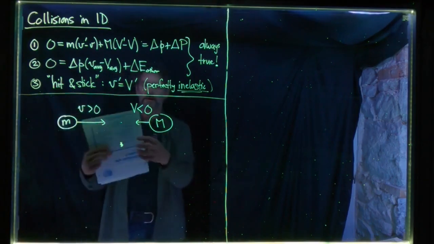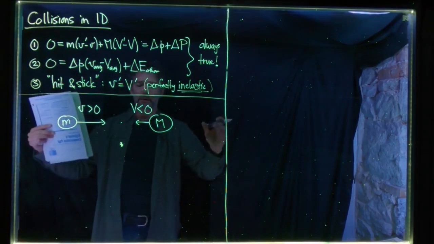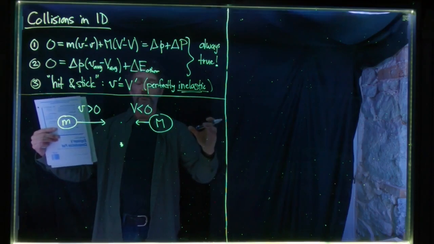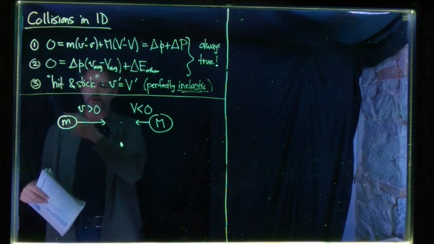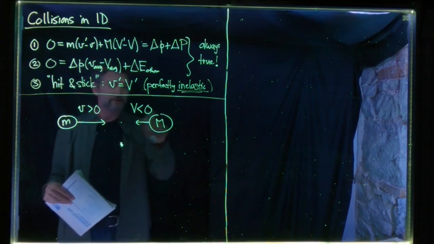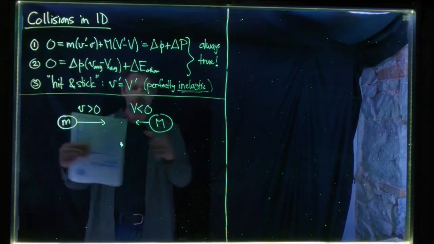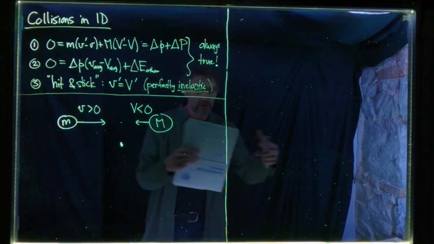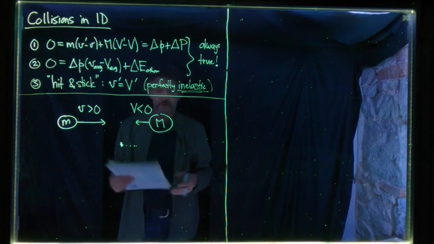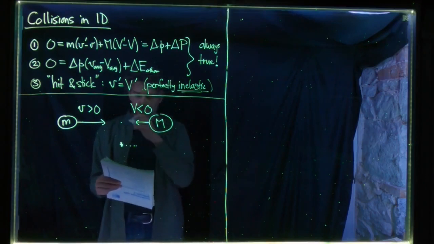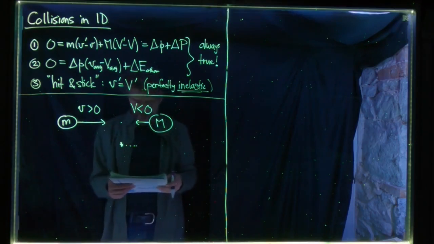And when they collide, they'll hit and stick, but they will not necessarily be at rest after sticking together. So if this one has a lot of momentum to the right, more than this one has momentum to the left, then after they hit and stick, the two of them will together be moving off to the right. Okay, so let's suppose that's the case. Depends on the situation, of course. It depends on which one has more momentum.